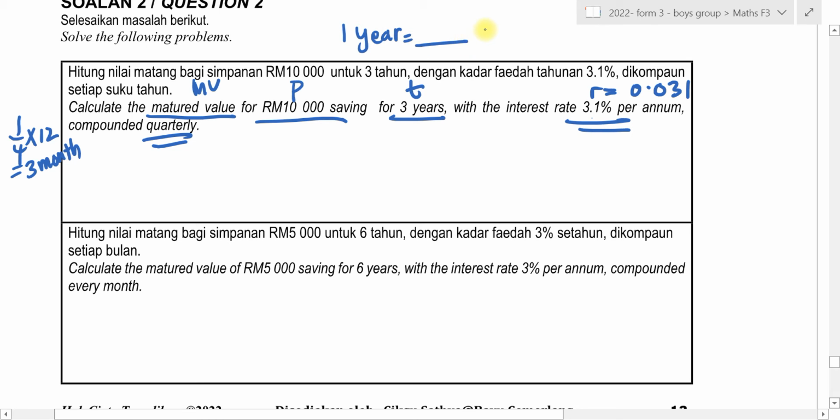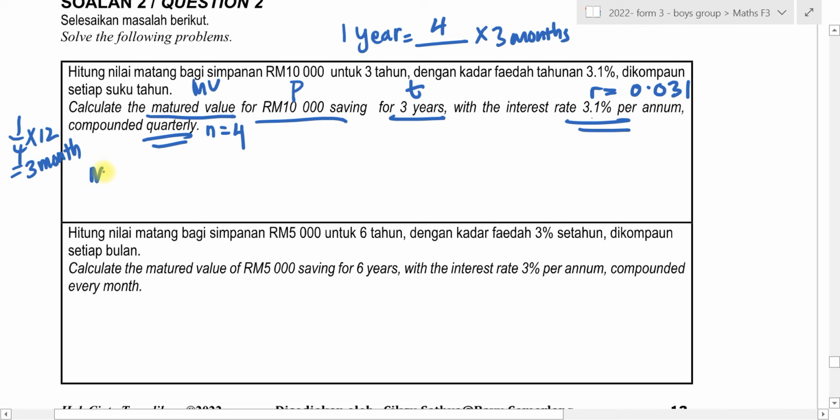You can have 4 times 3 months, because in 1 year you have a total of 12 months. So your n equals 4 here. That's how you determine.